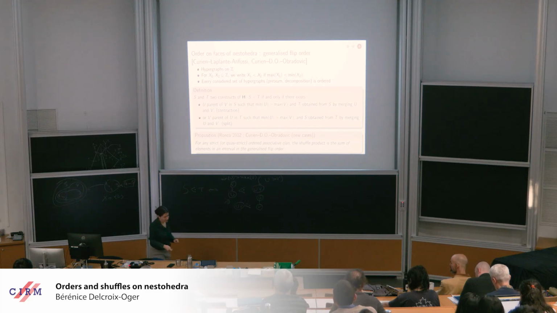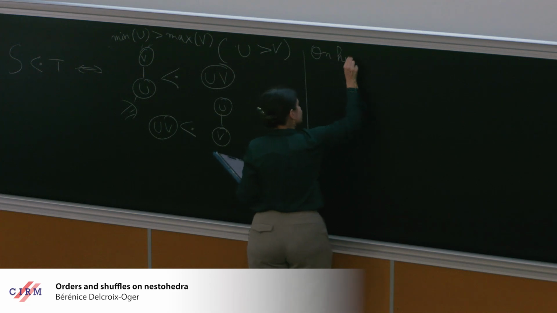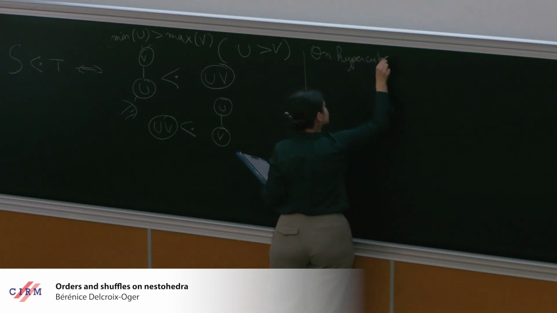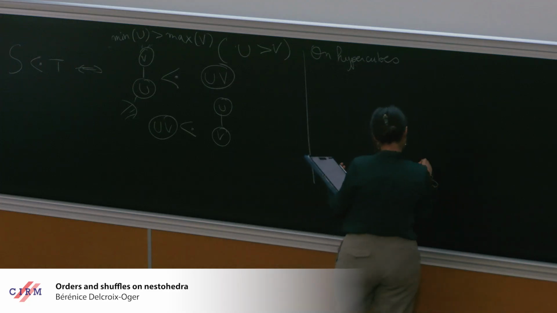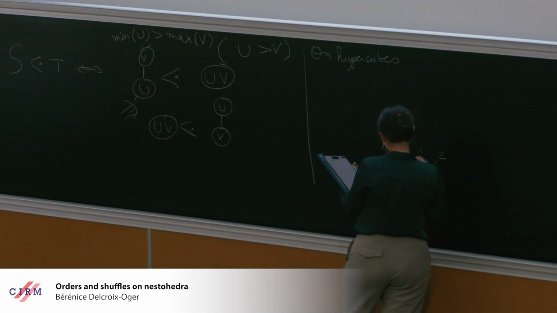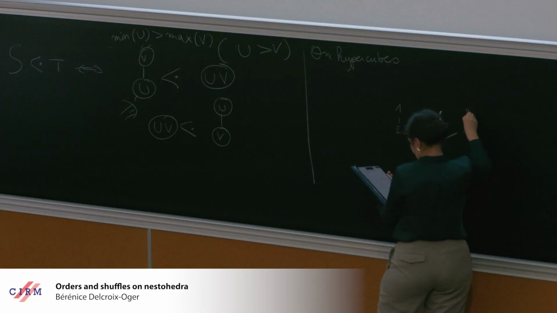So perhaps I can just draw the example of the hypercubes. So on associahedra and permutohedra, it coincides with the generalized Tamari order defined by Ronco. On hypercubes, for instance, we get that this tree is smaller than this tree.